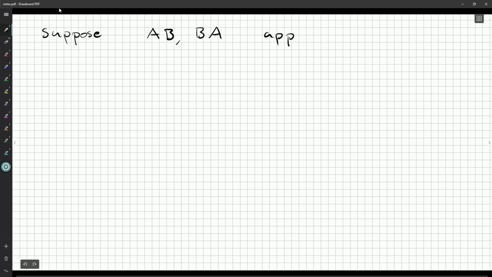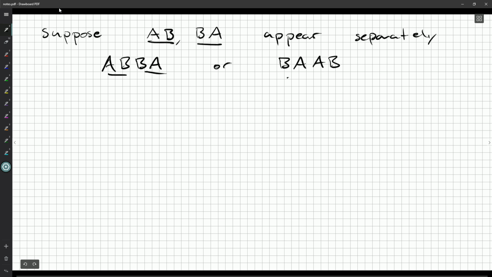Suppose these appear separately. Well, either you'll have AB followed by BA, or BA followed by AB. It doesn't matter the particular order. But we only have 4 characters to deal with, so if these things are really separate, they do have to appear in some order.